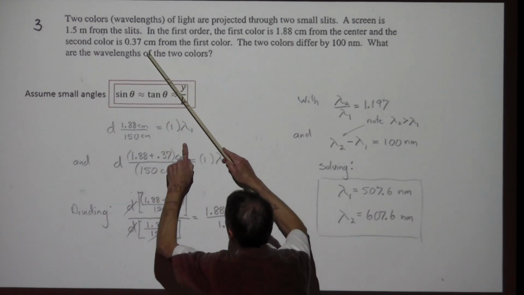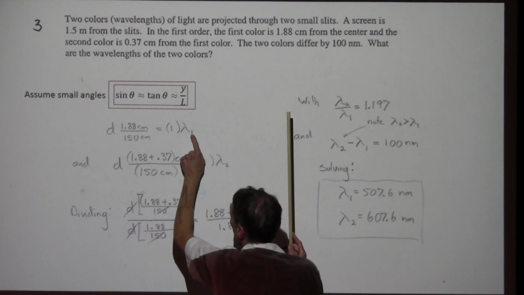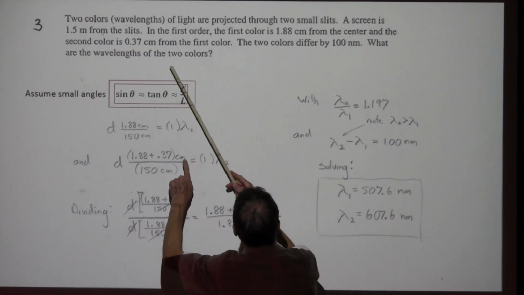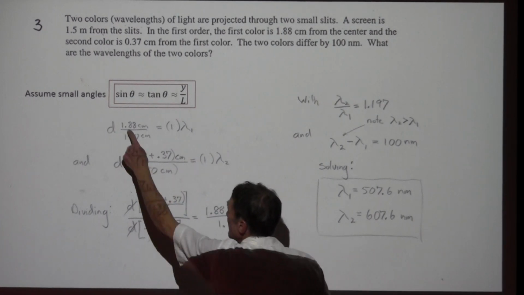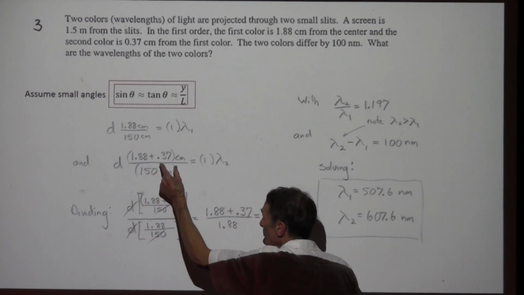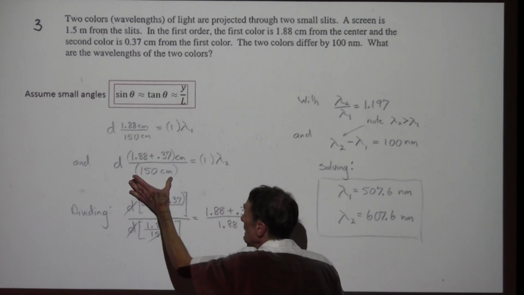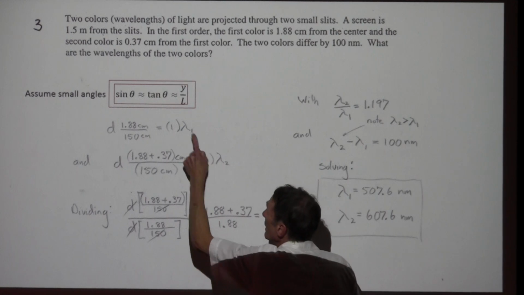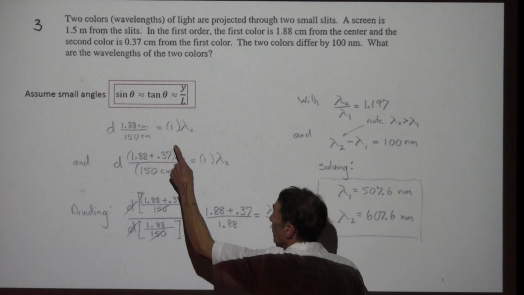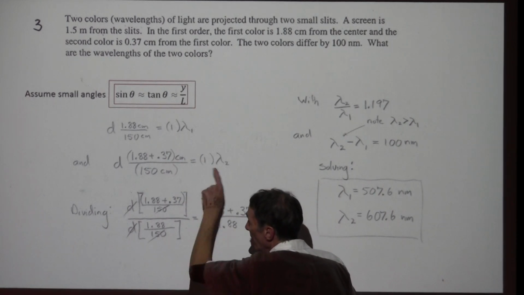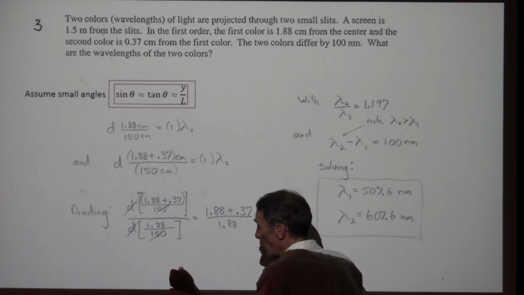And the second color, lambda 2, is going to be 0.37 centimeters further away, so its distance is 1.88 plus 0.37, and we're using the same screen. The m is the first order, so m equal to 1 for the first here.